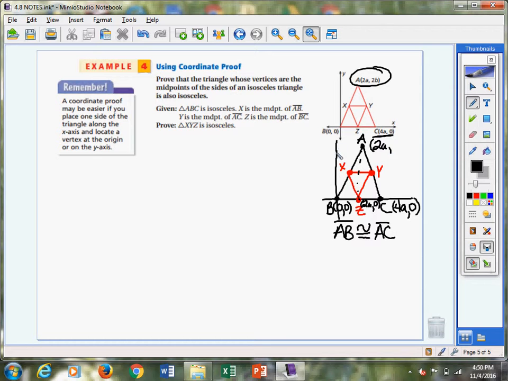It's up to you to decide how far up, what you want to call that Y coordinate. And they just went with 2B instead of 4B, like the other one. They went with 2B because if we have to take half of that, it's only going to be 1B, and that's fine.